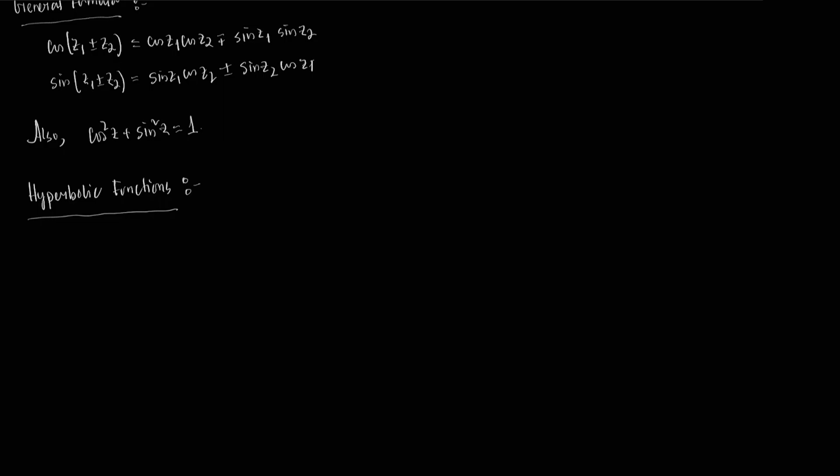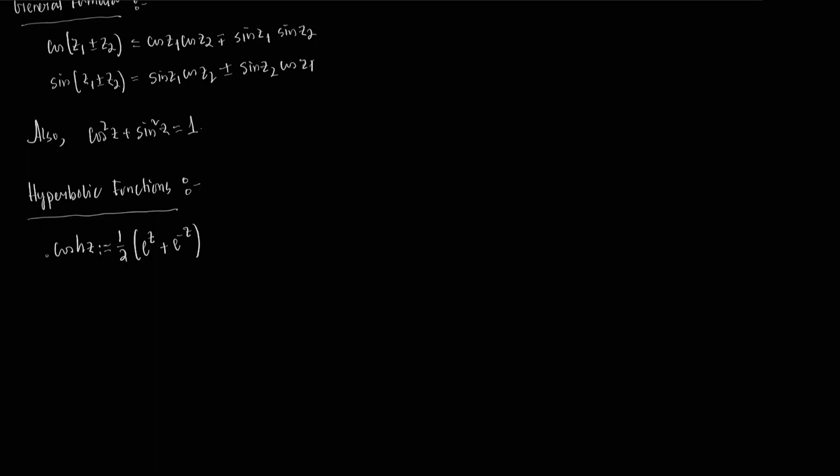So now we'll define the complex hyperbolic sine and cosine. From our real definition, we know that cosine hyperbolic z should look like this: half e power z plus e power minus z. This is the definition.